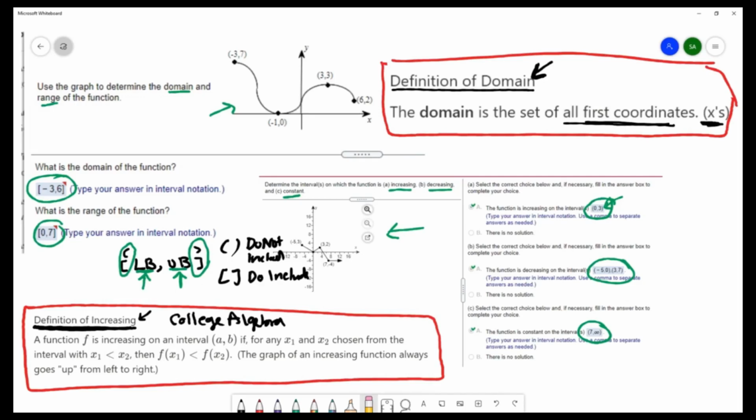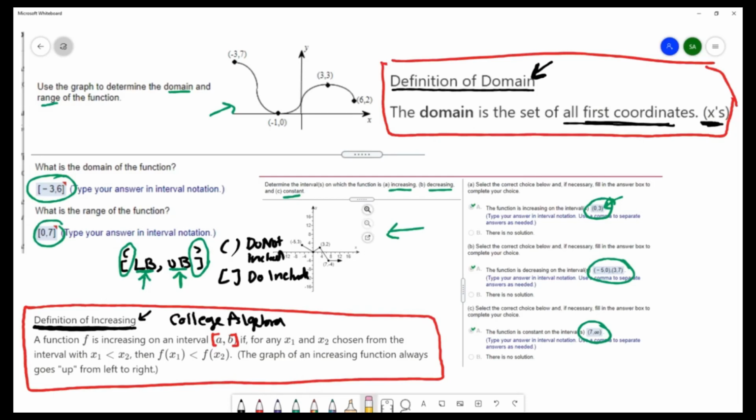So just going back to the reason why we're using parentheses when we're talking about increasing, decreasing, and constant. We're using parentheses because that is how the definition has been stated to us. There are other textbooks. In fact, my pre-calculus textbook words the definition in a way that does allow for there to be brackets on your interval, and you would answer sometimes the question with brackets in that class.